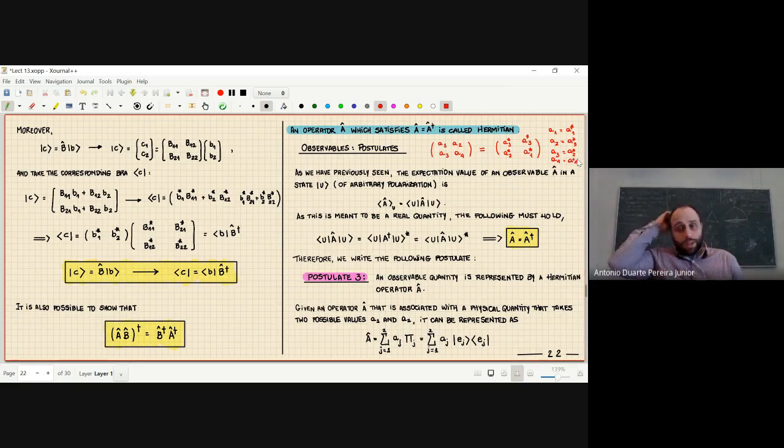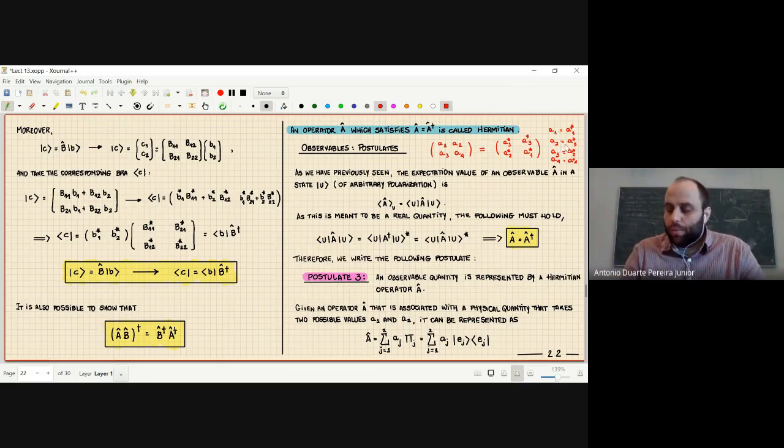Okay, what is the conclusion of that? The conclusion is that the element A1 must be equal to the complex conjugate of itself. And we have seen that when a number is equal to its complex conjugate, then this number is just a real number, right? Real numbers satisfy this property. If you take the complex conjugate of a real number, it's just the real number itself.